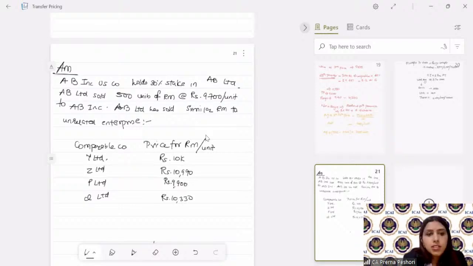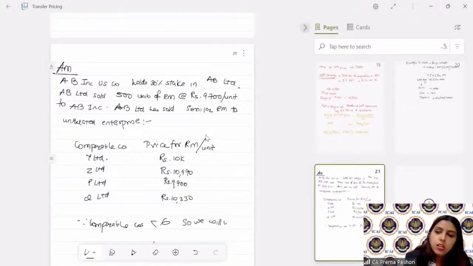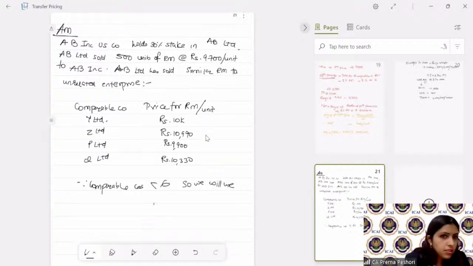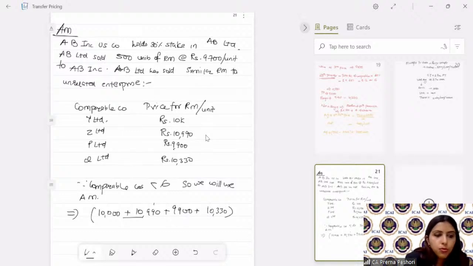Now here, since the comparable companies are less than 6, we will use arithmetic mean. And how will you use arithmetic mean? Simple. 10,000 plus 10,990 plus 9,900 plus 10,330 divided by 4, which comes to 10,305 per unit.